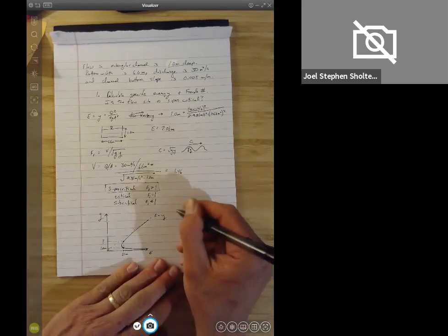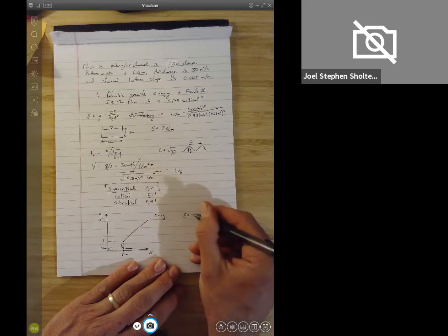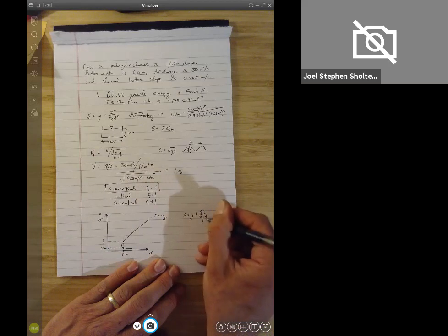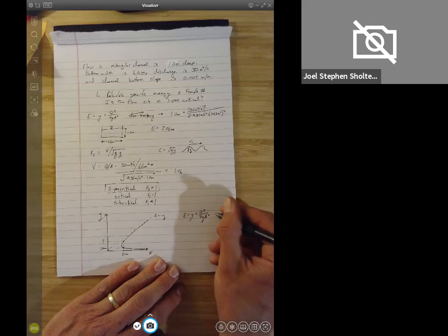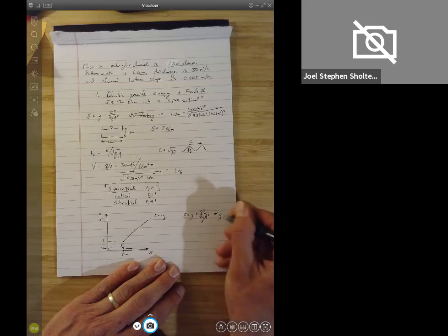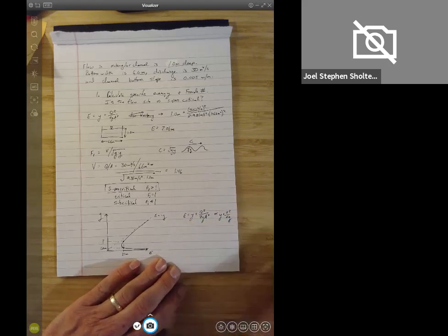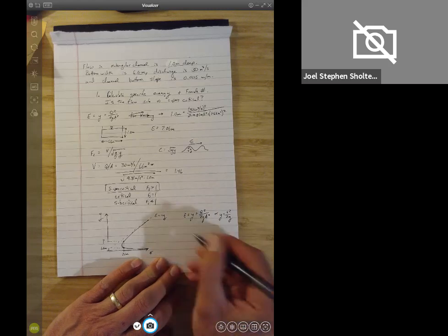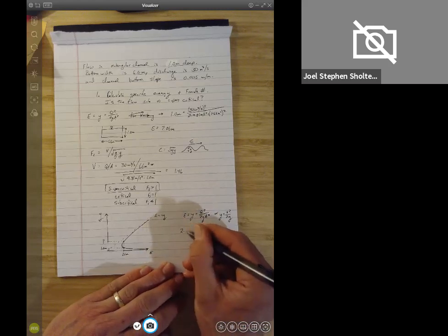Okay, so we'll just go back to the specific energy equation. E is equal to Y plus Q squared over 2G A squared. Or we could also write this as Y plus V squared over 2G. So we can calculate our velocity directly and plug that in. Well, in this case, we already solved for specific energy, so that's going to be 2.1 meters.